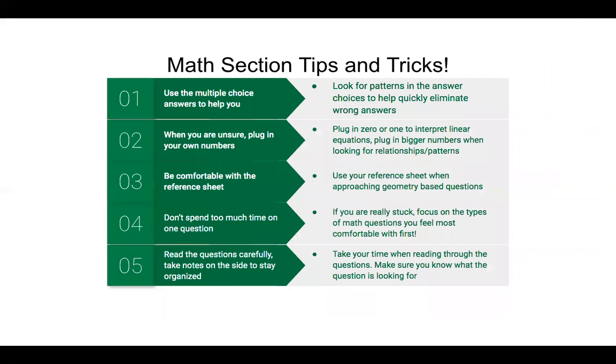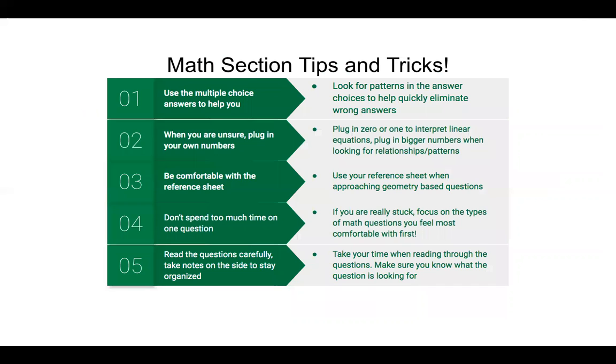So here are some overall math section tips and tricks. When you're taking the multiple choice part, use those answers to help you. If you know something's wrong, immediately cross it off. A lot of the time there will be a pattern in the answer choices.